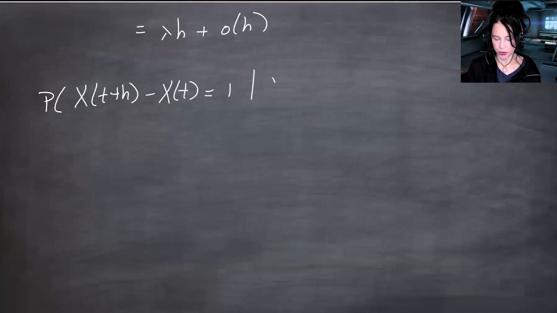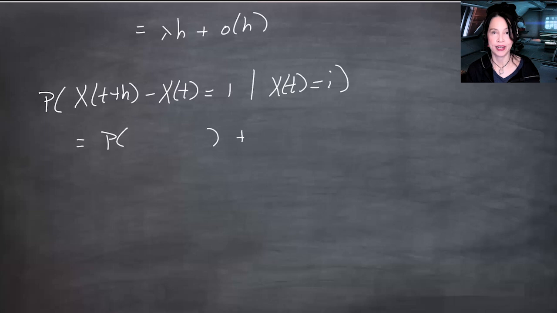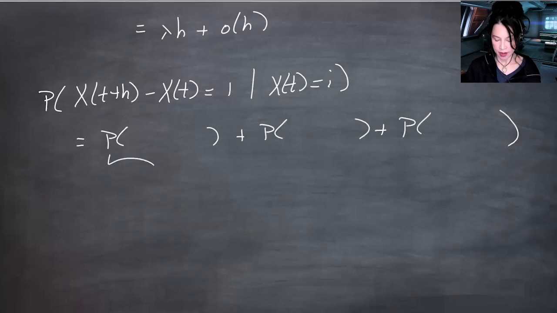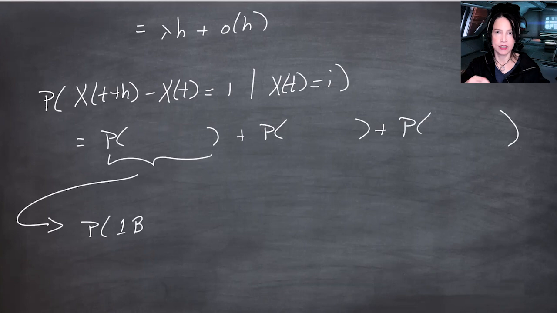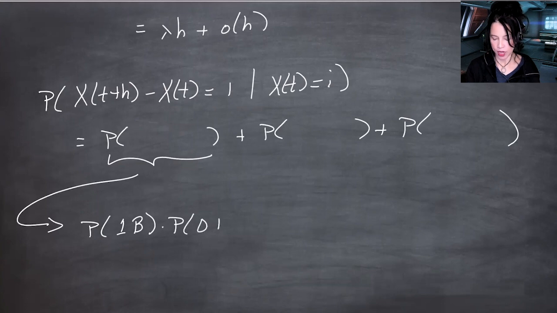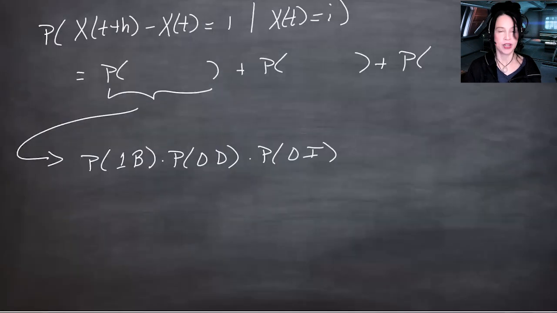We said that these streams are independent, so we get to multiply. For 1 birth, out of the I people in the population, we need to choose 1 to give birth. The probability any one gives birth, so that's success versus failure, is lambda h plus little o of h. So we get that to the 1, and we get the rest of the probability, 1 minus lambda h plus little o of h, to the I minus 1.